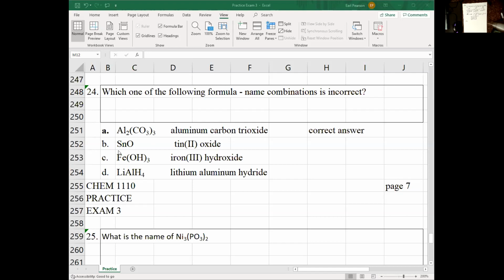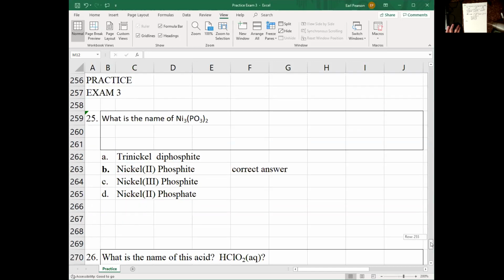Lithium aluminum hydride. That's a possible name for that compound. In fact, when you get to organic chemistry, you use this compound a lot. It's a very common compound. White crystalline, very stable compound. Lithium aluminum hydride.